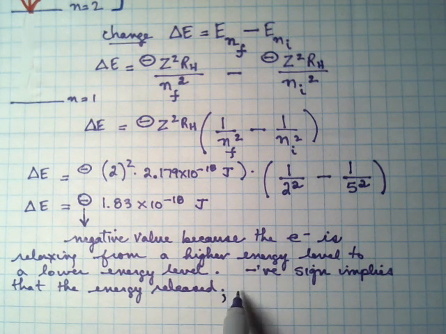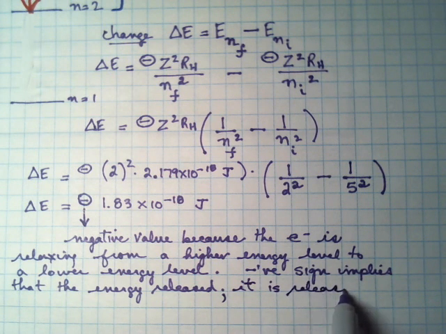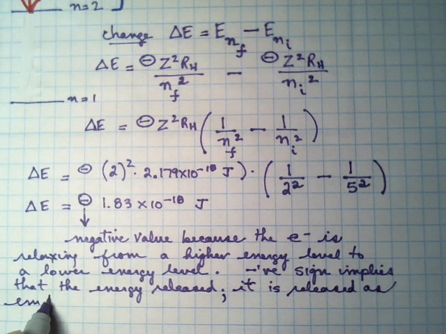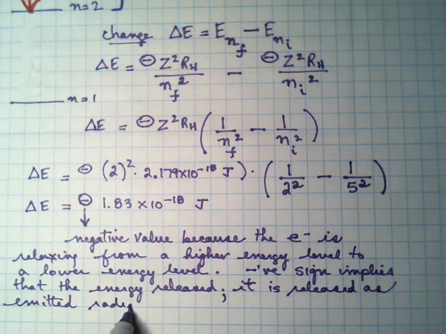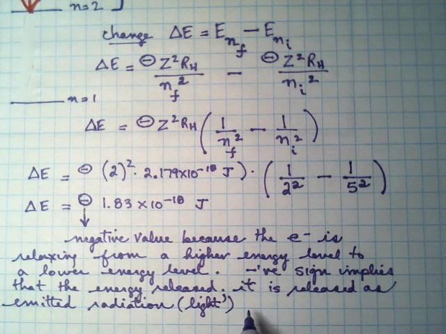So let's make that a semicolon and say that it is released as emitted radiation, electromagnetic radiation, or light. It may not be visible, but it's all light, isn't it?